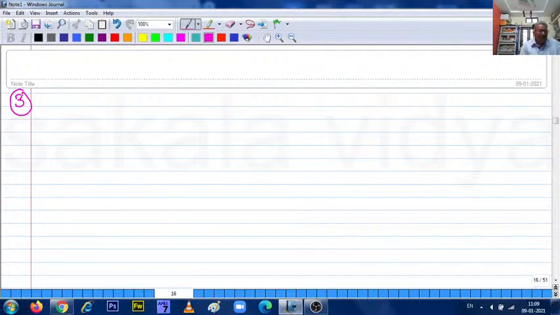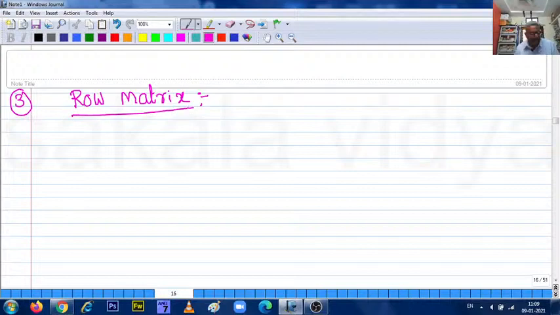Third one is the row matrix. What is meant by the row matrix? Row matrix means it's just like a row. A matrix having only one row, the number of columns may be different, is called a row matrix. A row matrix will be in the form of 1 by n.